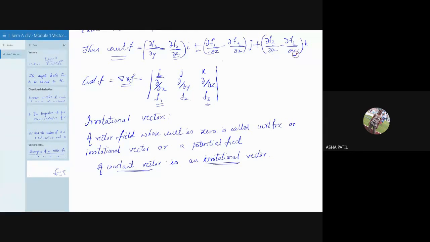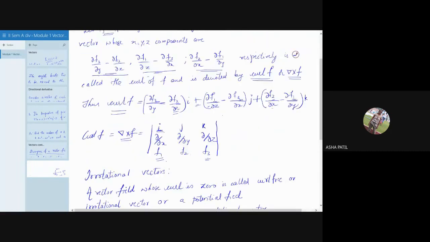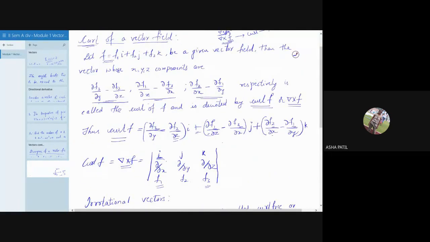If F denotes a vector F1i plus F2j plus F3k, then we call these terms the curl of a function.